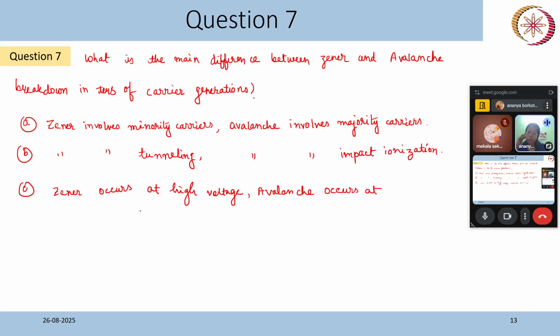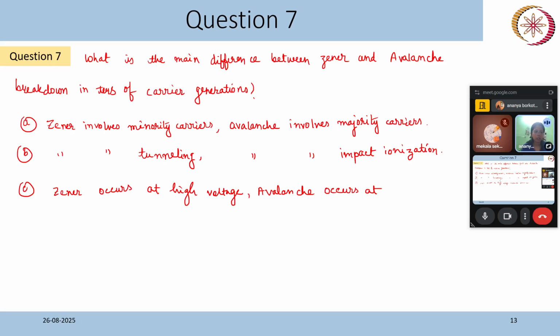I mean, it depends on at what voltage it happens, and on the type of the material also, whether Zener will happen first or avalanche will happen first. Because you remember the tunneling, for that the band gap or the barrier should be small, right? That is what we learned in quantum mechanics. If there is a small barrier, the probability that the electron will pass is higher.